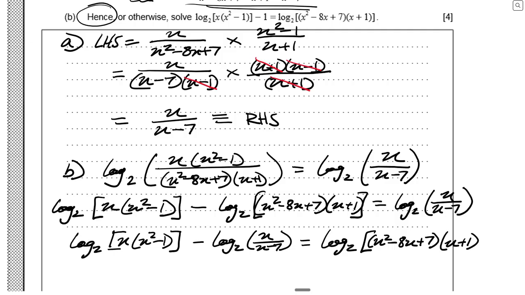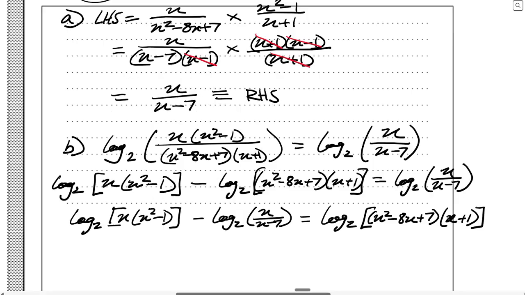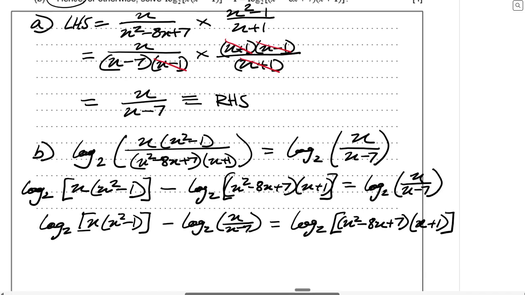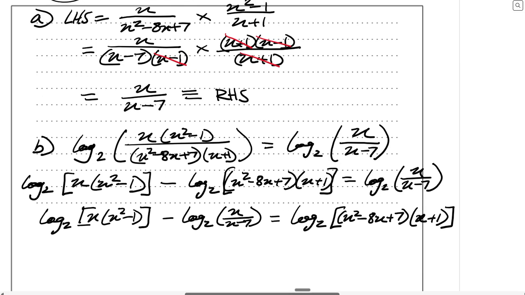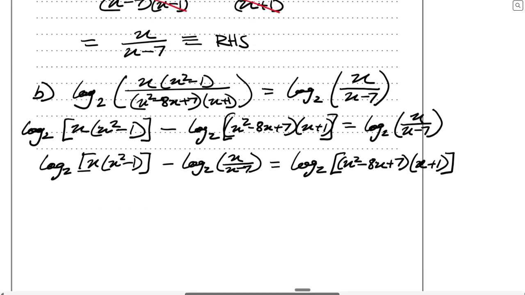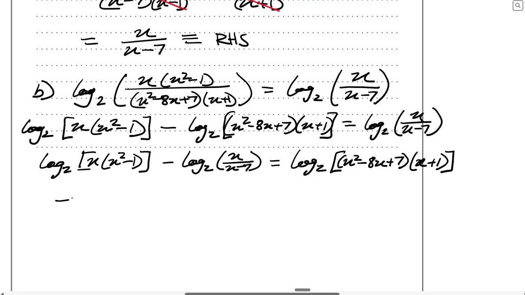And apologies for my weird x, I've heard some complaints, but hope you guys can understand my writing. And so just looking at this equation, we have everything except this negative 1 is what we need here. And so we can just equate to solve the equation.